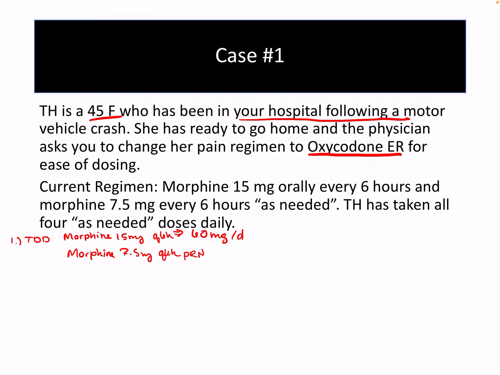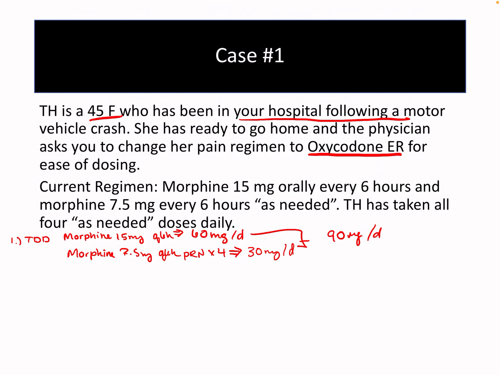And they said that they've been using all their doses, so 4 times per day. So that also would equal 30 milligrams. So we combine these two to get our total morphine. So they're getting 90 milligrams of morphine per day.